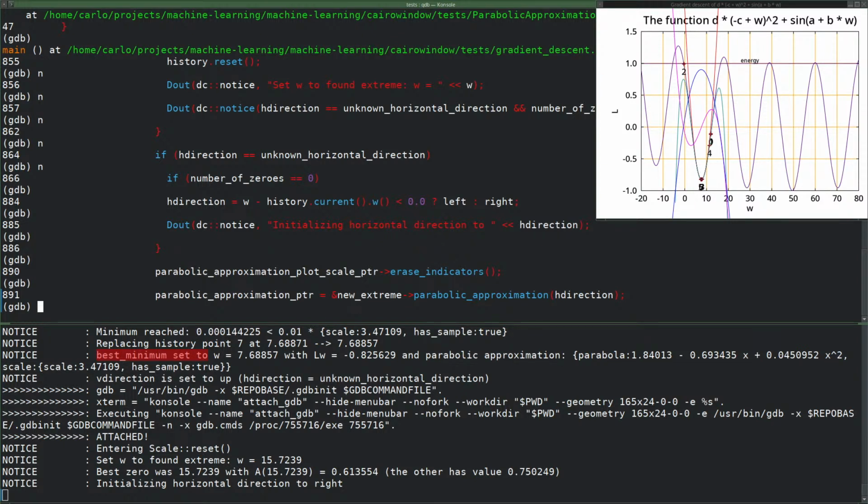Now it's being pointed to new extreme. Oh, and that is this one. It's being an itch. I think we just found this point and didn't store it yet.